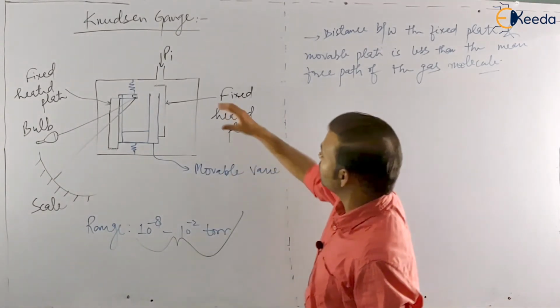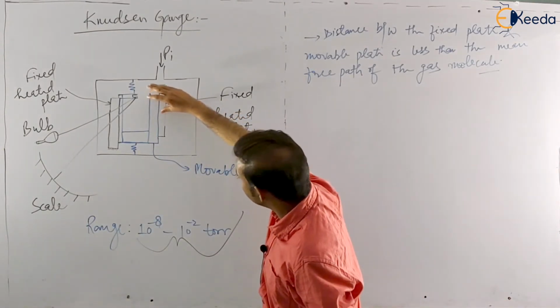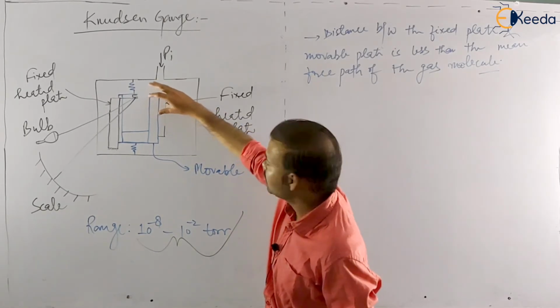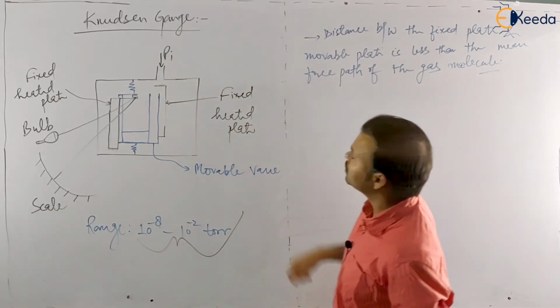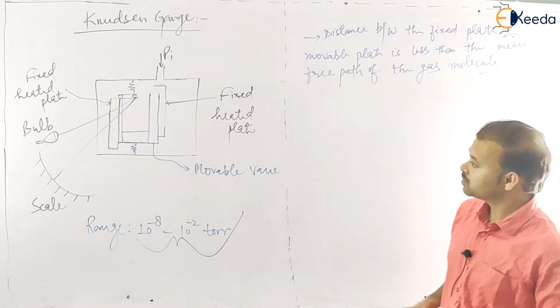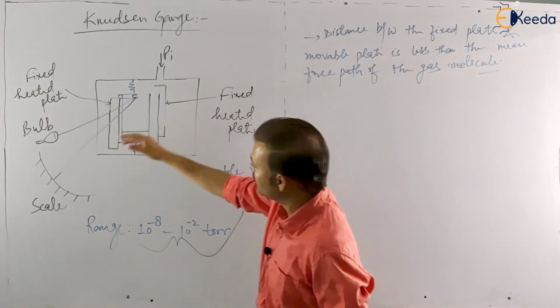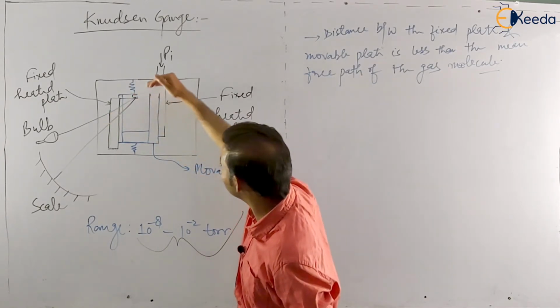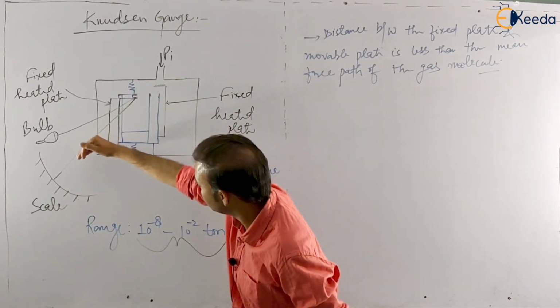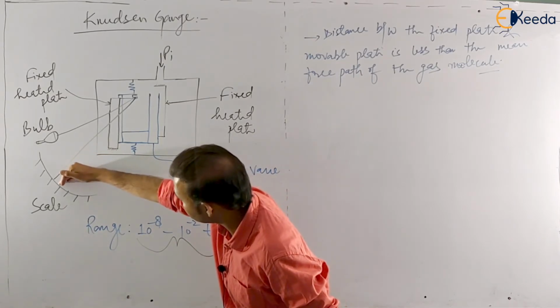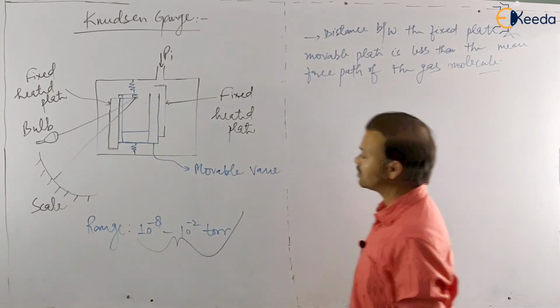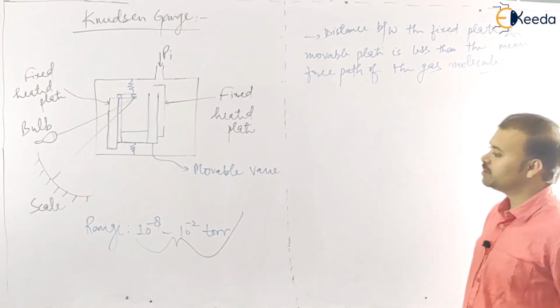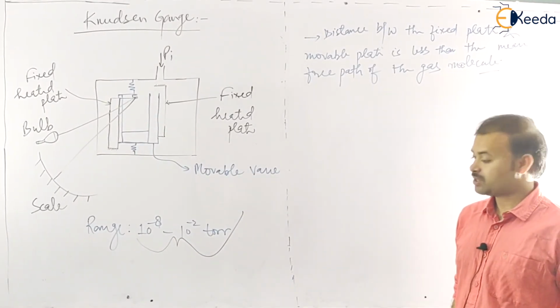When the plate in between is moved by the collision of molecules, the light reflected from the mirror will be incident on the scale, and that will be your measure of pressure, right?